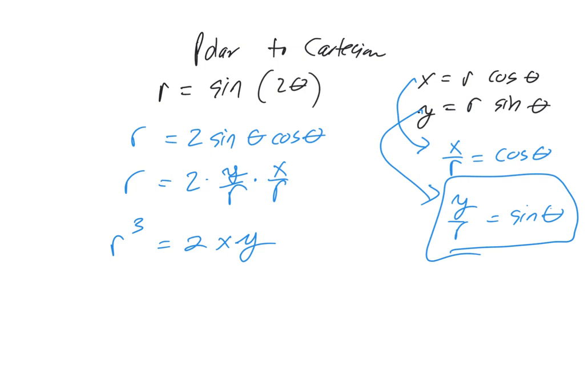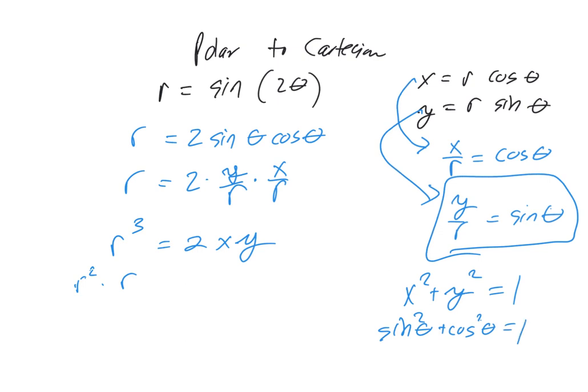r cubed is r squared times r. The reason I write it like that is that r squared is like sine squared plus cosine squared, which is 1. So when I'm doing it, I'm thinking about x squared plus y squared, as my equation equals 1, that's the same as sine squared theta plus cosine squared theta equals 1.